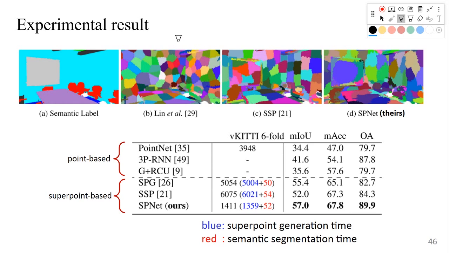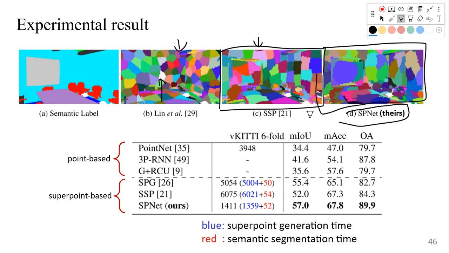This paper compares with the previous state of the art, and we can see that their work achieves a lower number of superpoints, which is what we want, right? This is a substantially higher number than this one, and this one also still has a larger number of superpoints than this one.